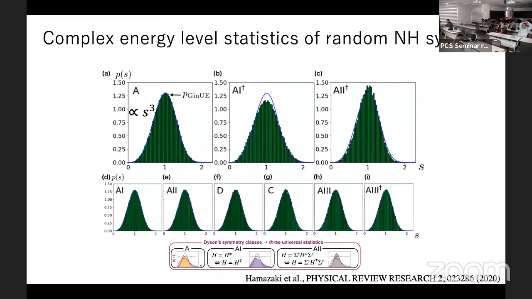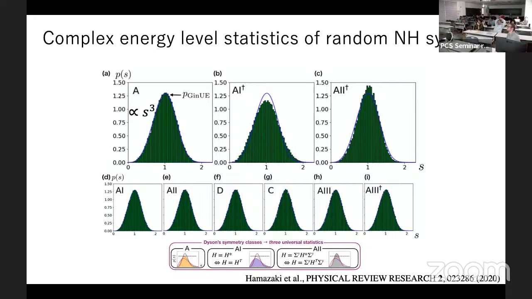It's not our work, but other people's work. It has been noticed that complex energy level statistics, I mean the distance between the complex energies, S, is always proportional to S cubed. And classes A, A1, A2, D dagger, A3, and A3 dagger all show the same energy level statistics.